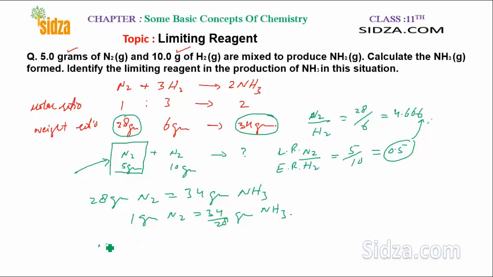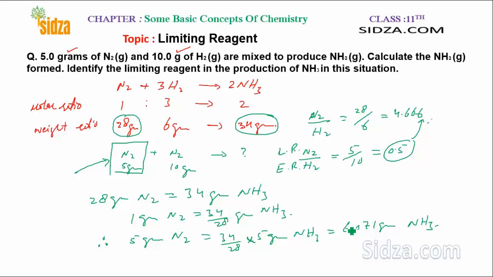So from 5 grams of nitrogen you will get 34 by 28 times 5 grams of ammonia, which is 6.071 grams of ammonia. This is the weight of ammonia that will be formed here.